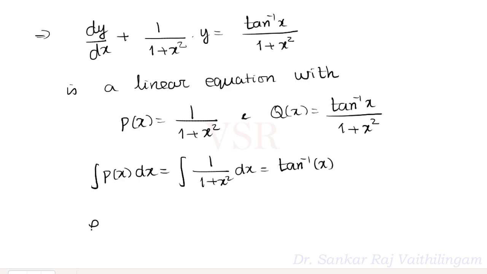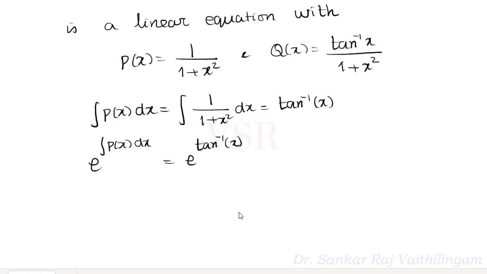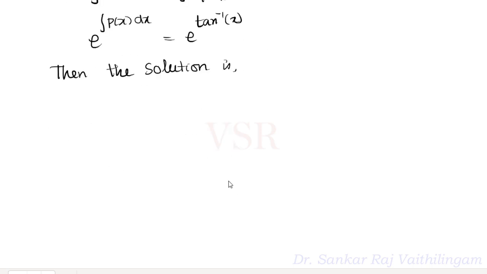Upon e to the power integral p of x dx, which is equal to e to the power tan inverse of x. We are having this. If we have the solution straight away, then the solution is y of x into this fellow, I will write this e to the power tan inverse of x, which is equal to integral of q of x.